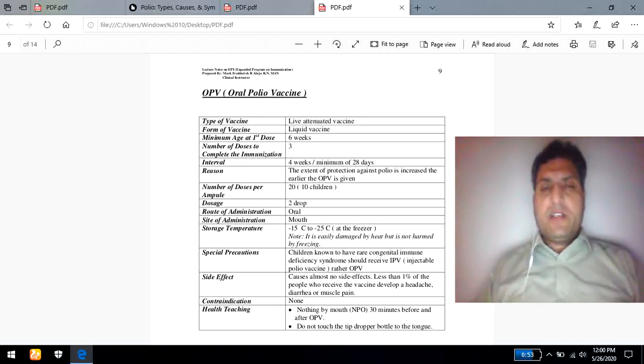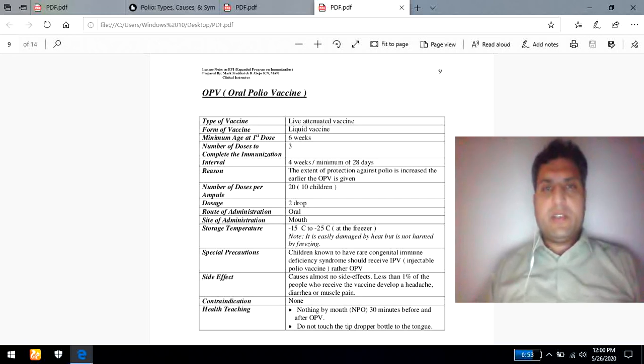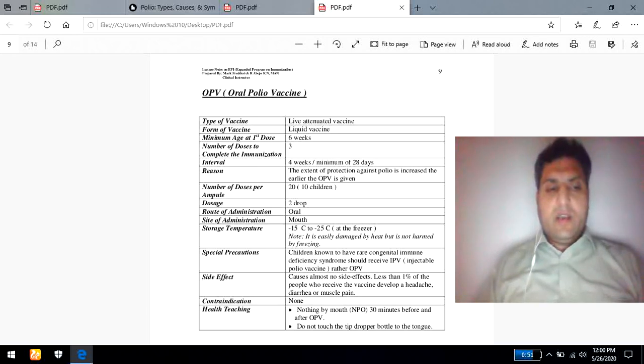As for the basic signs and symptoms of poliomyelitis, the first one is severe body temperature, so increased or elevated body temperature is one of the common signs of poliomyelitis. The next one is severe headache.